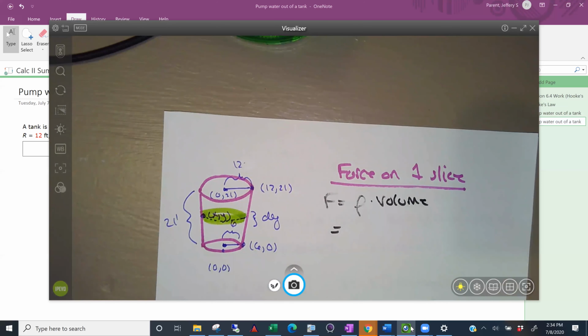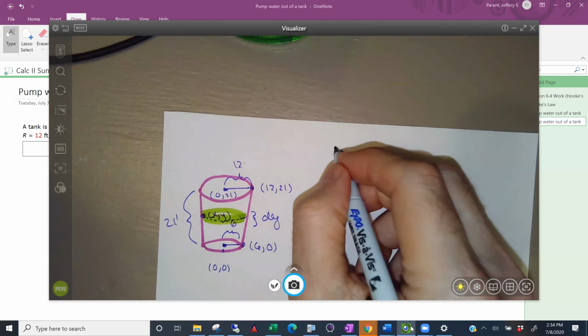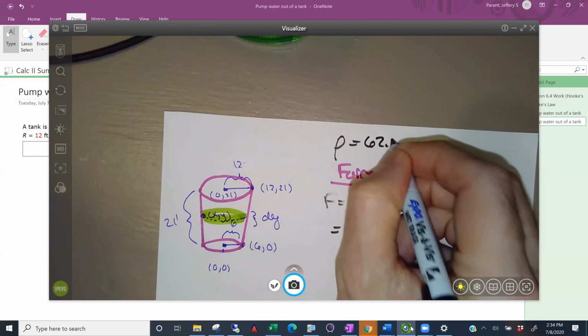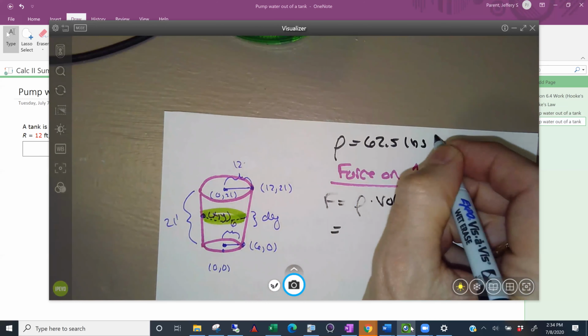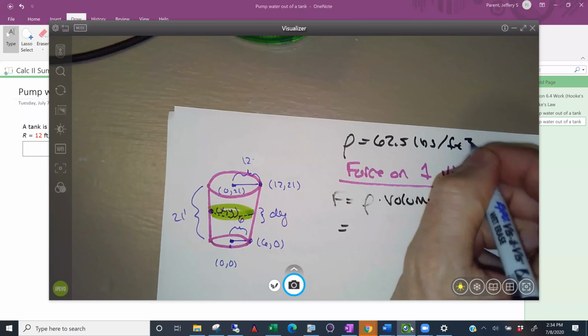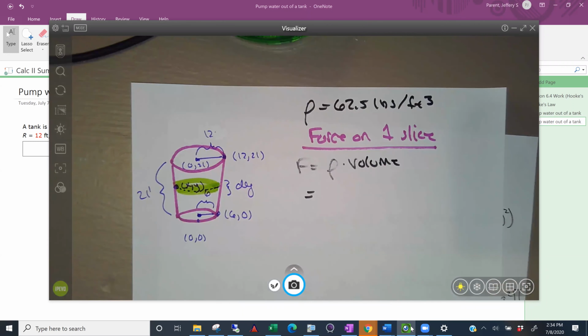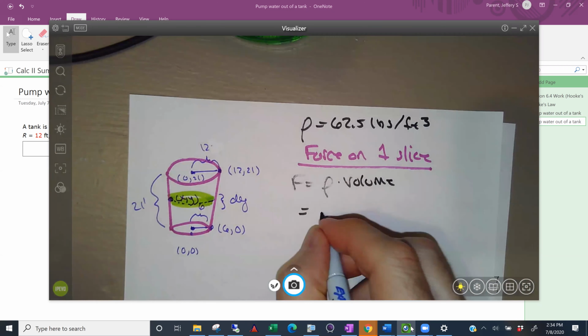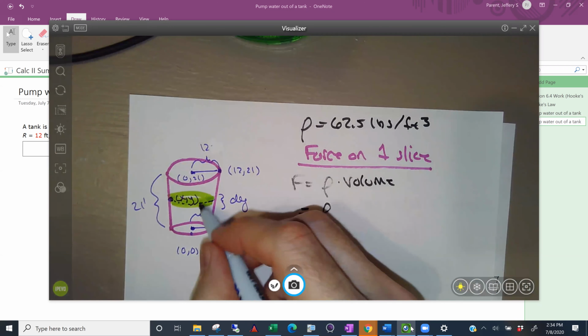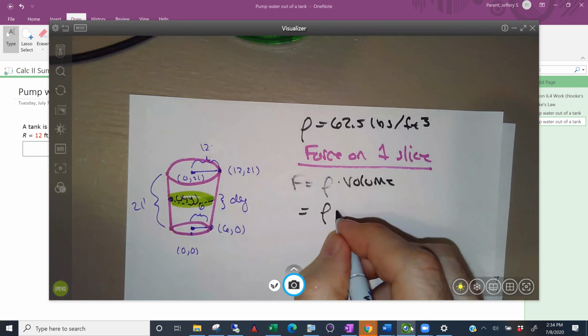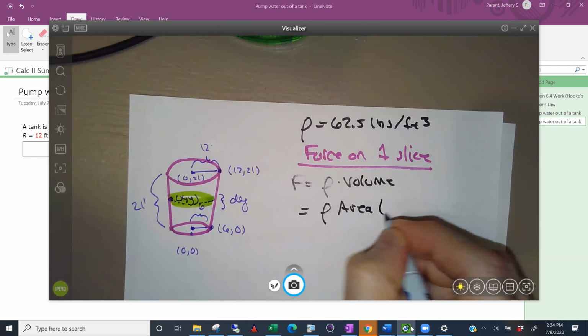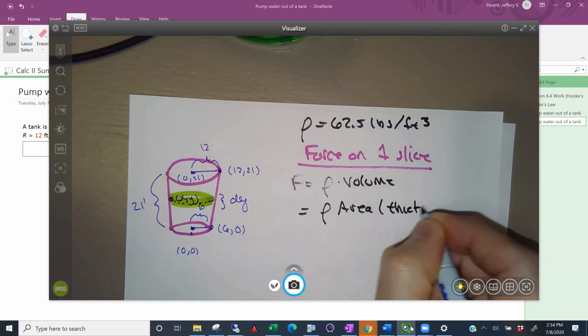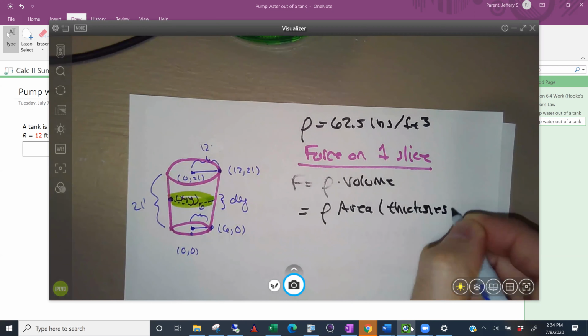So let me write that off to the side here: rho equals 62.5 pounds per cubic foot. Volume is just going to be the area of that slice times the thickness of that slice.